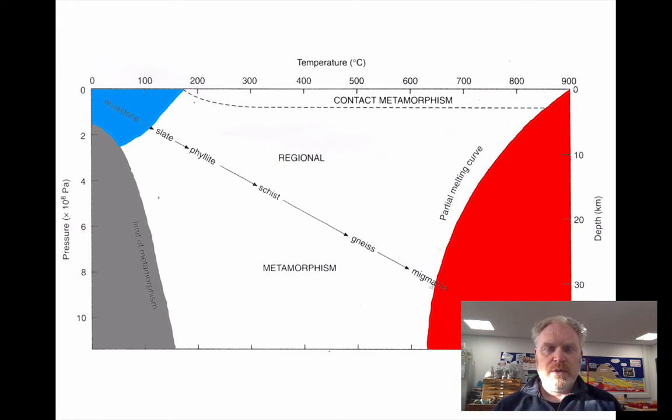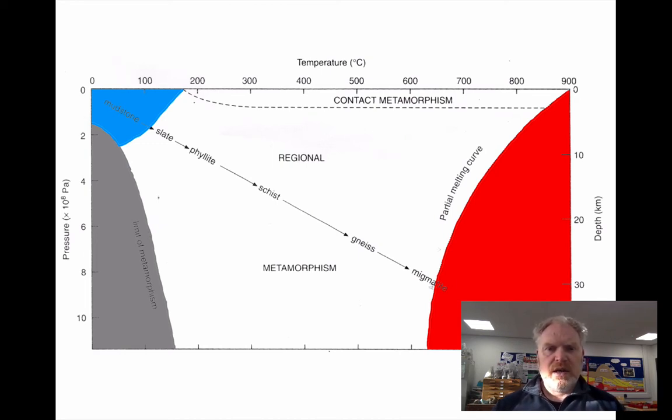Contact metamorphism, which has low pressures and increasingly high temperatures, and regional metamorphism then, which has higher pressures and high temperatures as well. And you can see that there's a progressive line of different types of metamorphic rocks for us to consider.